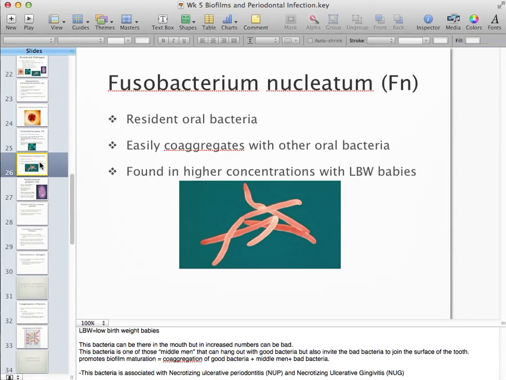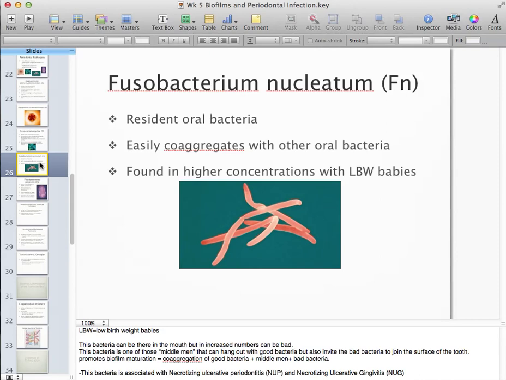Fusobacterium has a lot of friends. Fuso, friends. F and F, right? Fusobacteria, when there's a lot of it in the mouth, can bring its friends, good friends and bad friends. But once it starts bringing its bad friends, it promotes biofilm maturation or coaggregation of biofilm.